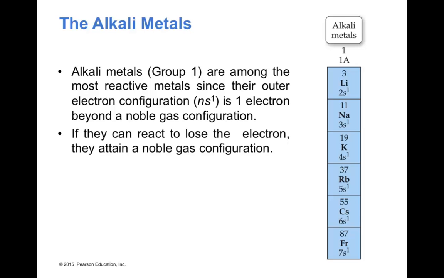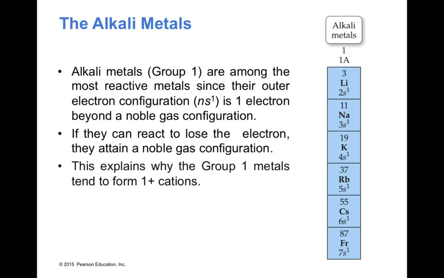If they react to lose the electron, they attain a noble gas configuration. This is why the group 1 metals tend to form cations with a charge of 1 plus, because for them it's really easy to remove that electron to gain the electronic configuration of the noble gas. Okay, and in that way they will be really, really stable.